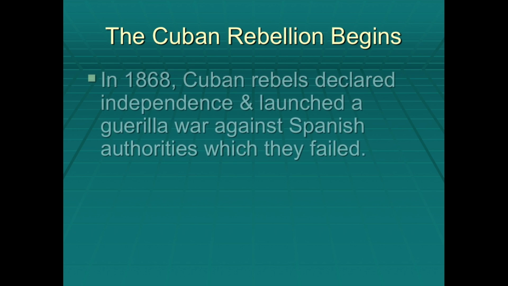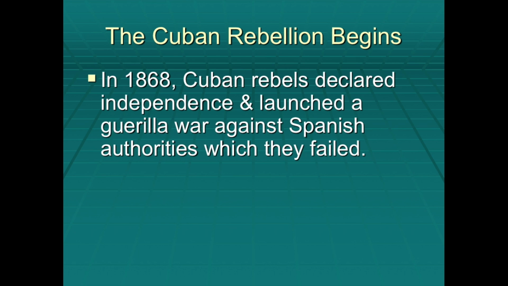The Cuban Rebellion begins. In 1868, Cuban rebels declared independence and launched a guerrilla war against the Spanish authorities, which failed. So, Spain was the overseer of Cuba.